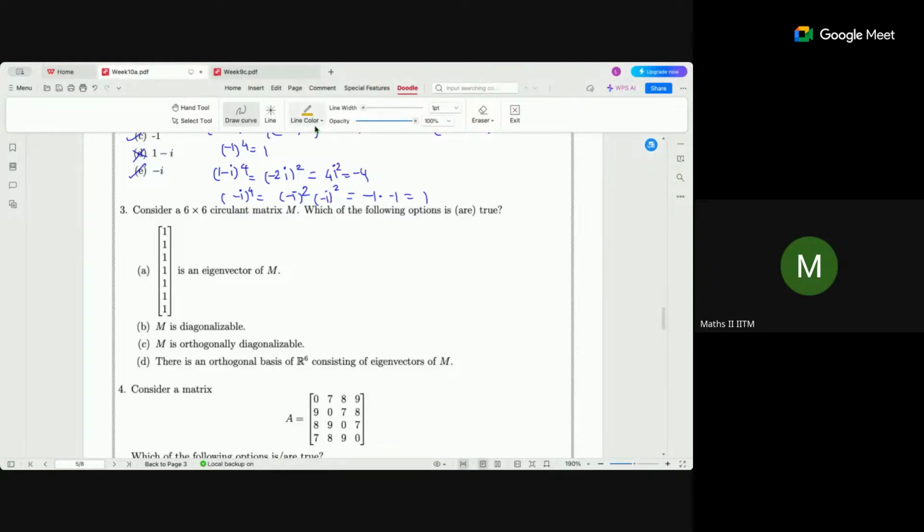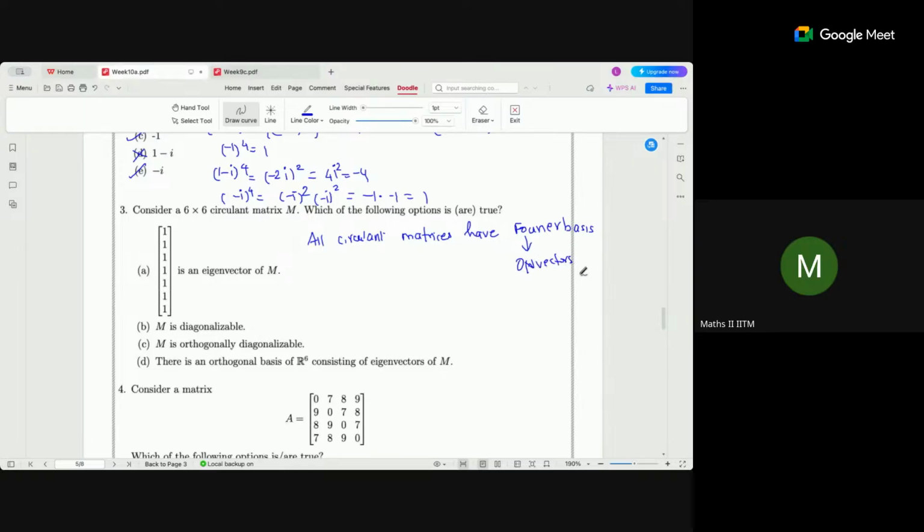So the fact we are using is that all circulant matrices have the Fourier basis, and this Fourier basis consists of orthonormal vectors.